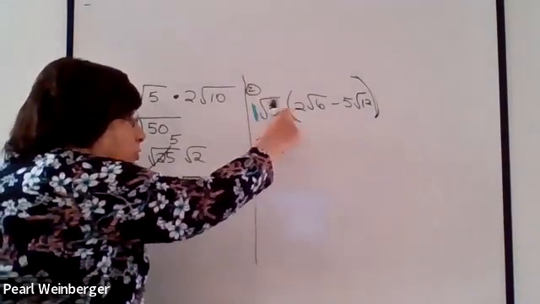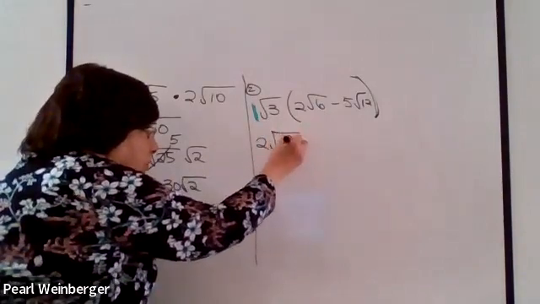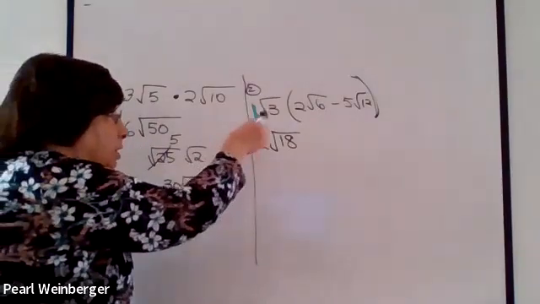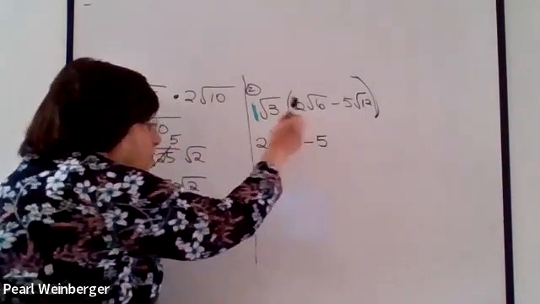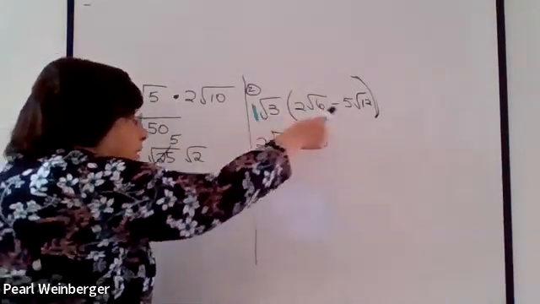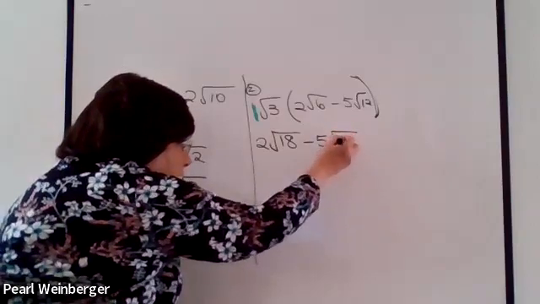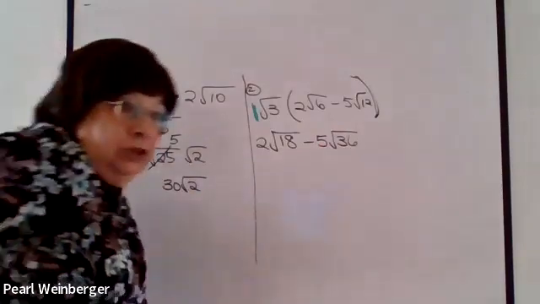And we'll multiply the 3 times the 6, and we'll get the square root of 18 for our first term. Then we're going to go back and take the 1 and multiply by the -5, which will give us -5. And then we'll do the 3 times this 12, and that'll give us radical 36. So now we've done the multiplication.